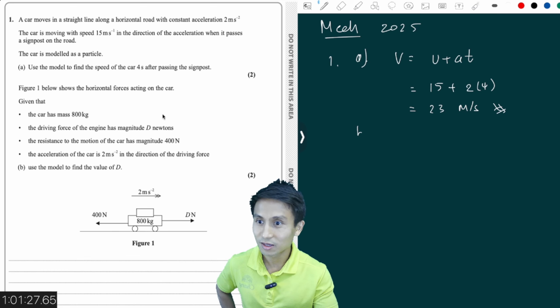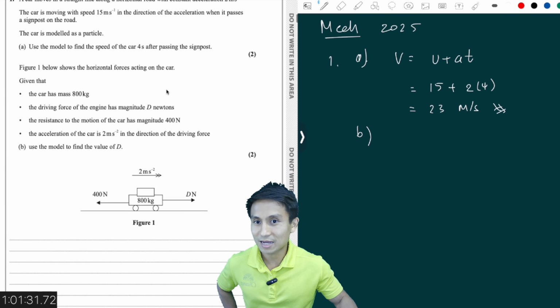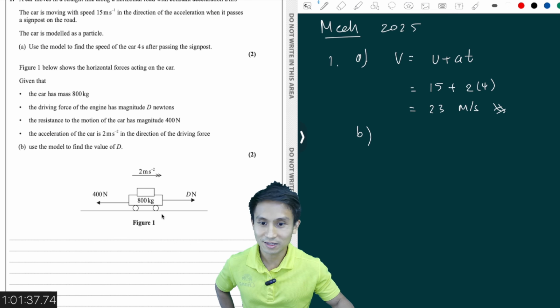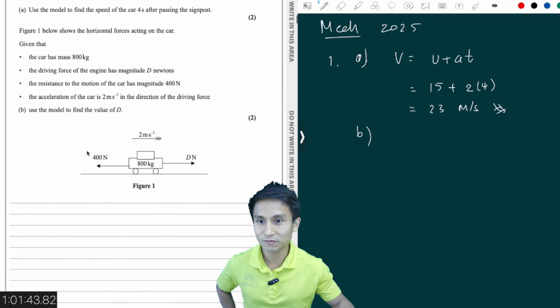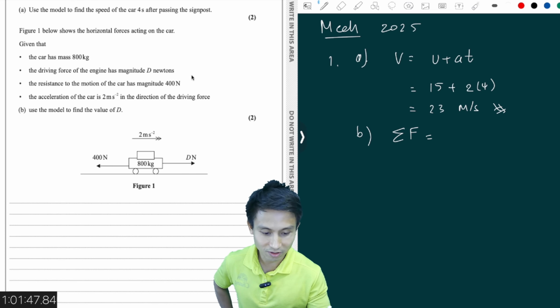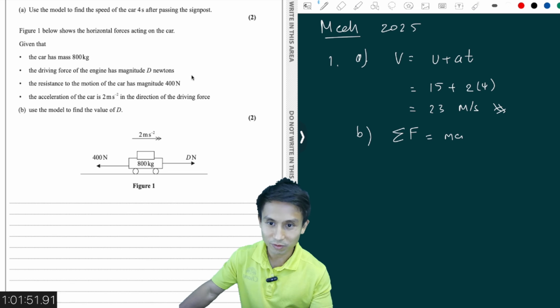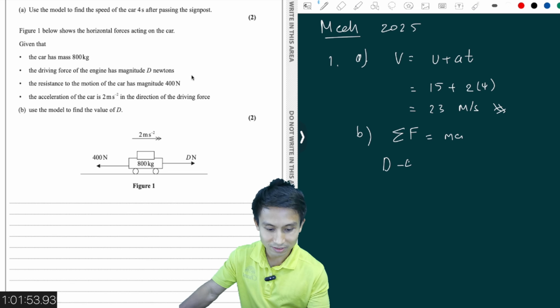Simple. Figure 1 shows the horizontal forces acting on the car. Given that the car has a mass of 800, driving force of the engine has magnitude D, resistance 400, acceleration still 2. Use the model to find the value of D. Well, that's simple. That's Newton's second law. Because it's accelerating to the right, we do driving force D minus the resistive force.